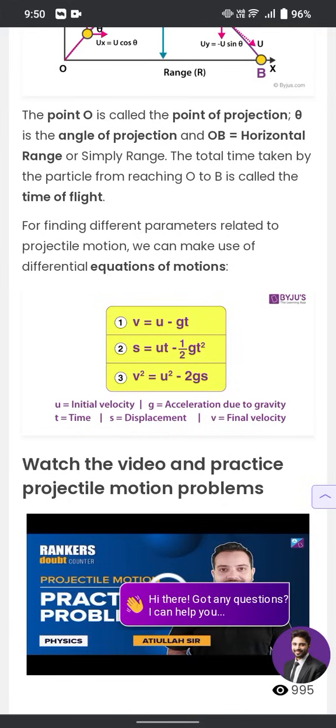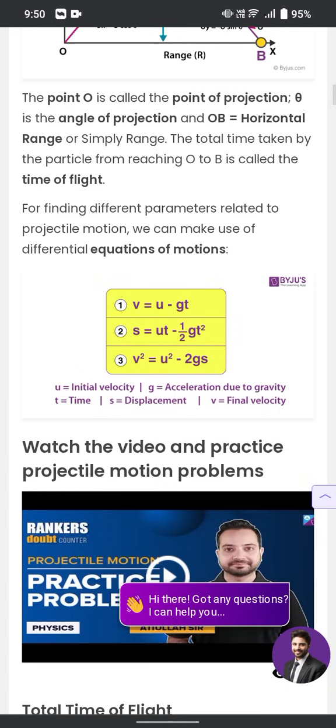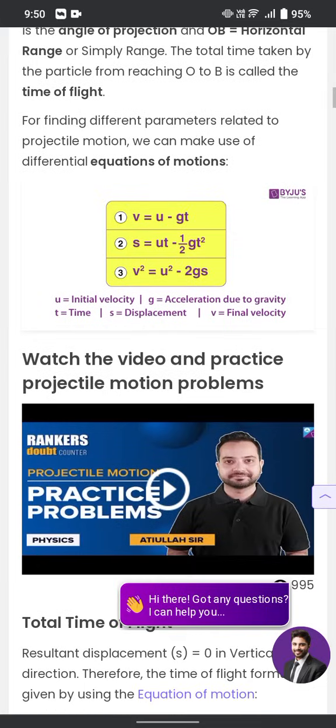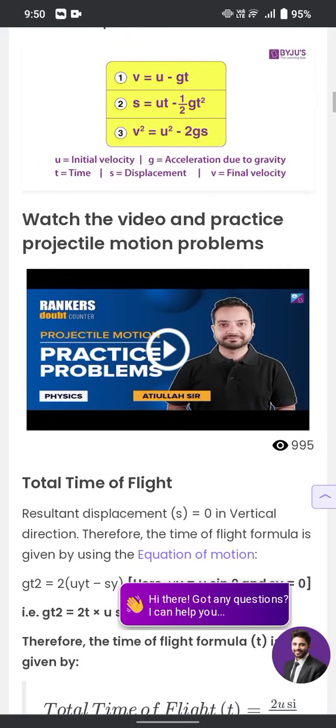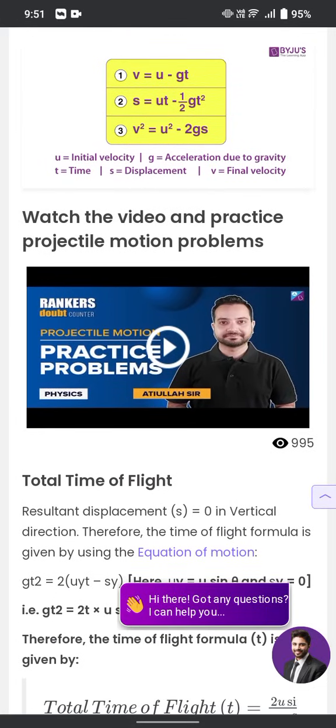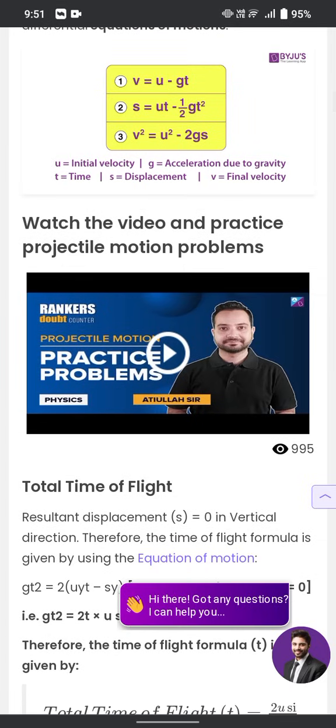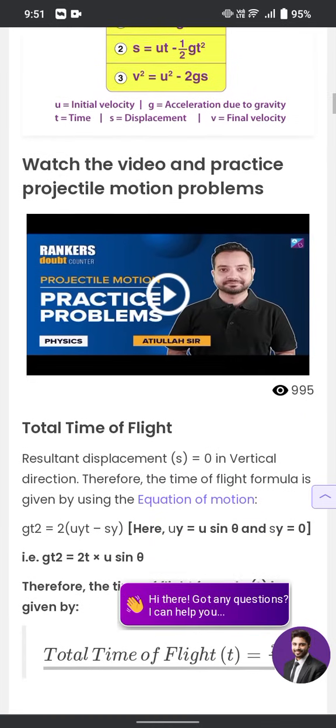For finding different parameters related to projectile motion, we can make use of the equations of motion. u is equal to initial velocity, g is equal to acceleration due to gravity, t is equal to time, s is equal to displacement, v is equal to final velocity.